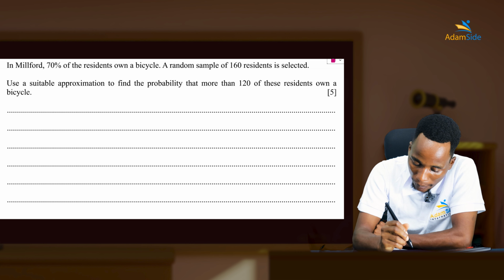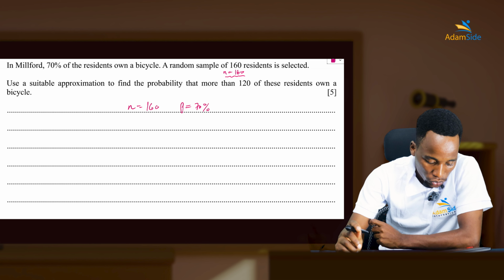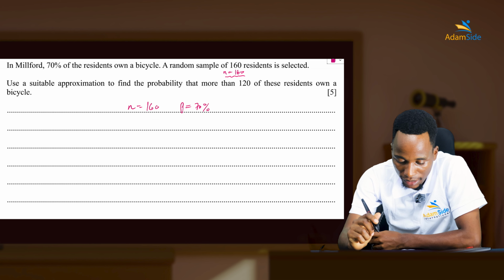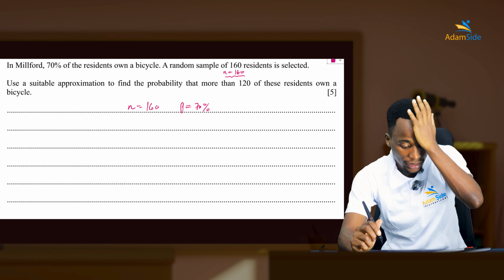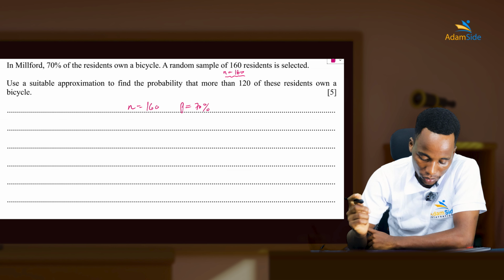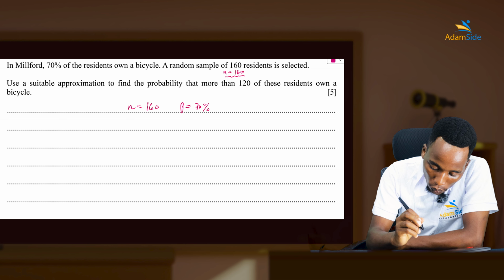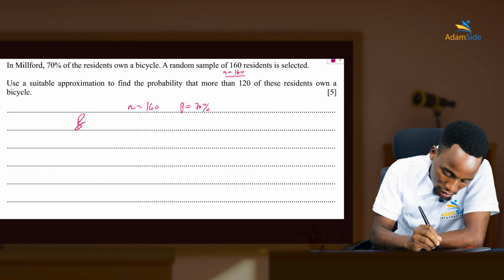We know n is 160, and the probability of success is 70%. So we know this is binomial, and we have to approximate by using normal.